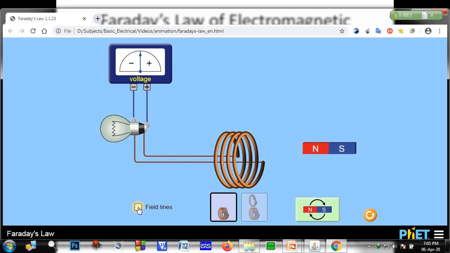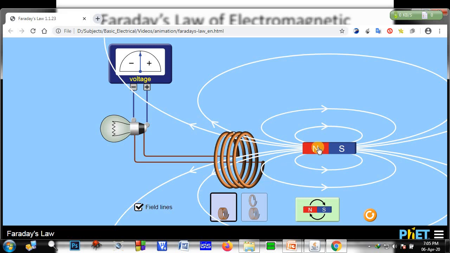So that we can have the visibility, these lines you can see are the magnetic field lines. As per the first law, the magnetic field line is now linking with the coil, but at any instant of time it is constant.